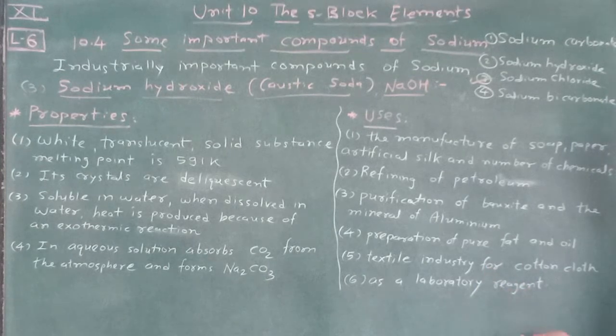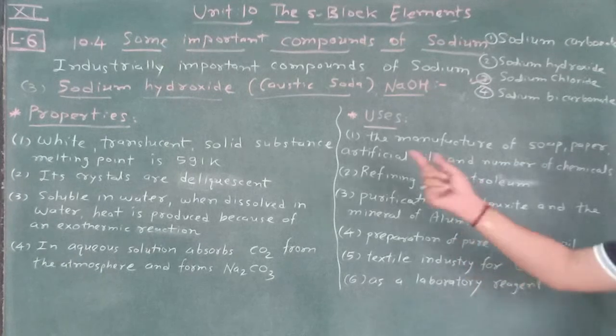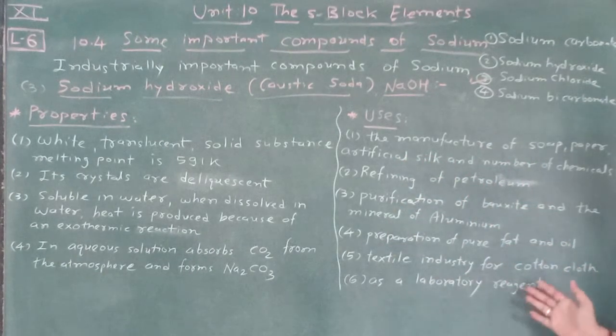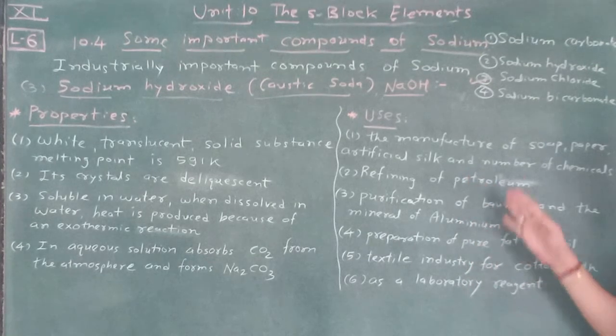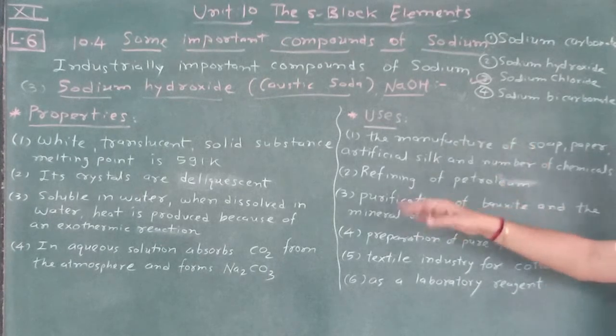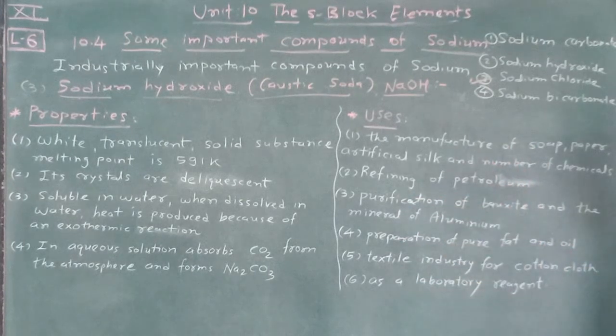So this is all about sodium hydroxide, caustic soda. You remember these properties, which are very simple, and the uses are also very simple. Write down 3 or 4 uses. It will give you good marks. Take a screenshot of this.